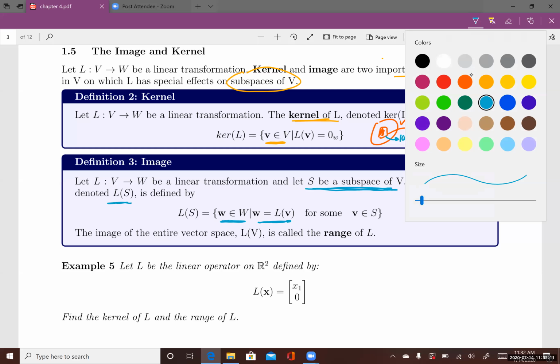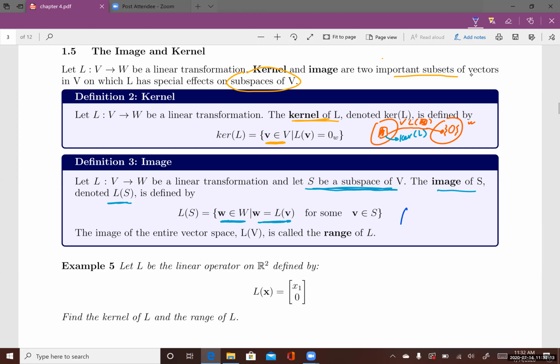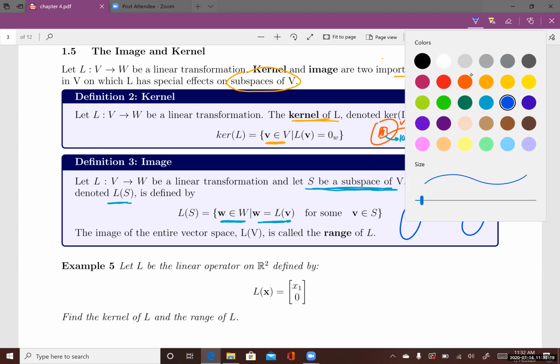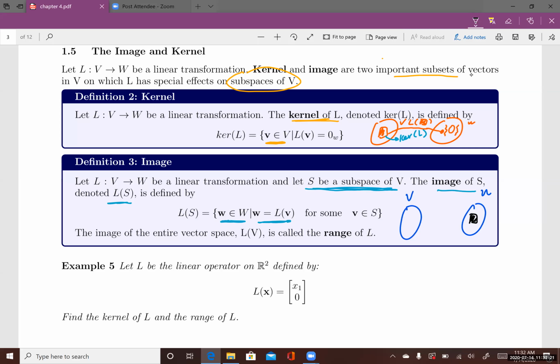It tells you that if you have V, and this is W, then the image is a subset of W. For each of the vectors in this set right here, say w, there exists a vector v in V such that L(v) equals w.